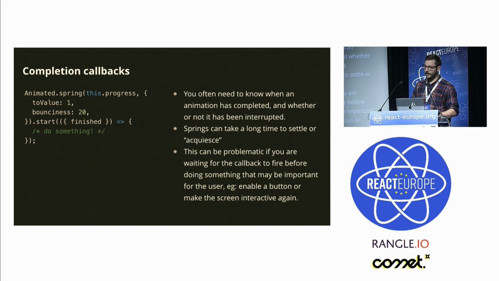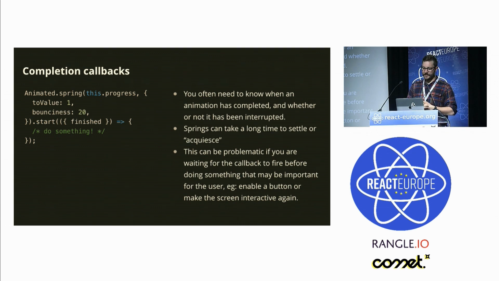And in order to do something when the animation completes, you need to know when it happens, right? If you're using a spring, you don't know that it's going to take 200 milliseconds or 300 milliseconds or whatever. You would like for the animation to tell you, I am done.